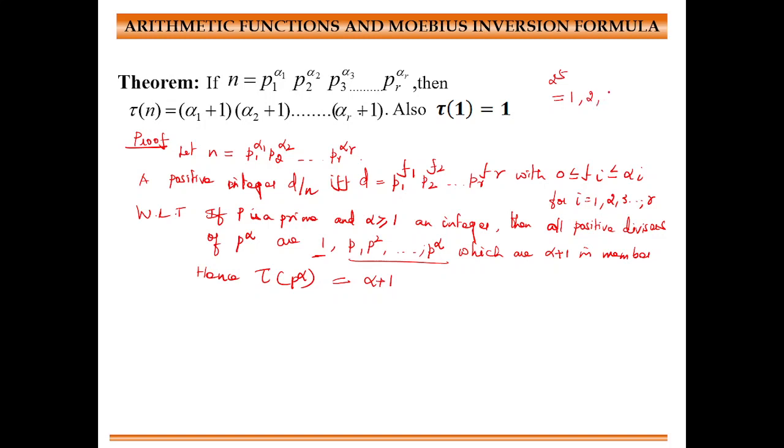So the divisors are 1, 2 power 1, 2 power 2, 2 power 3, 2 power 4, 2 power 5. Therefore, tau of 2 power 5 is 5 plus 1, which is equal to 6.